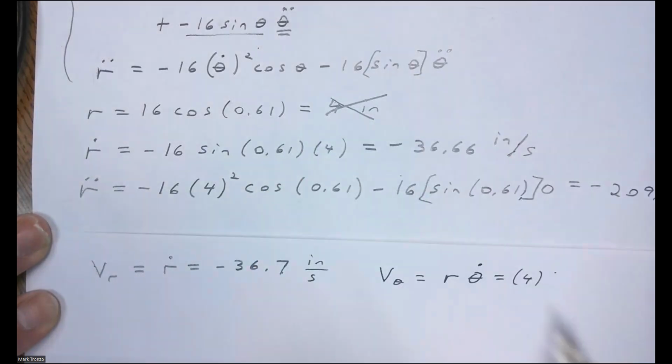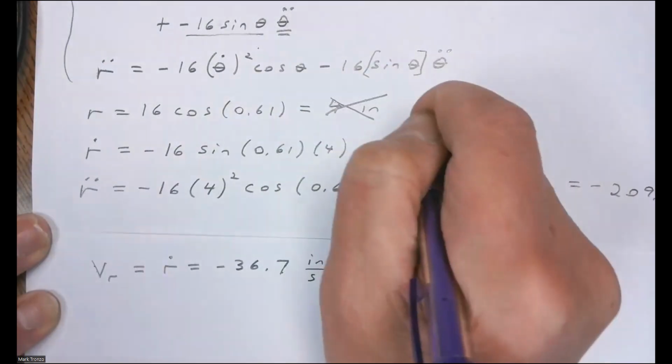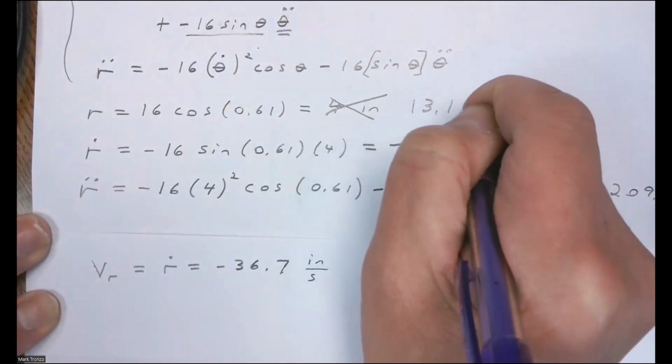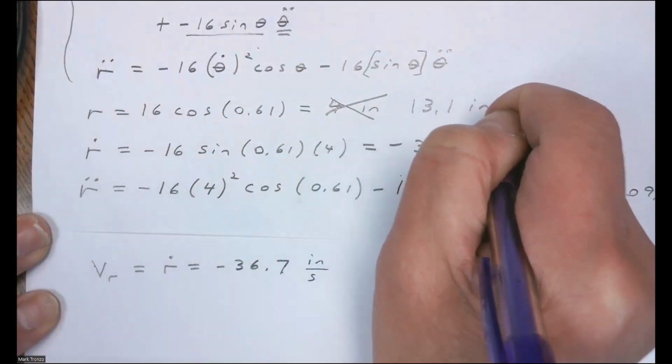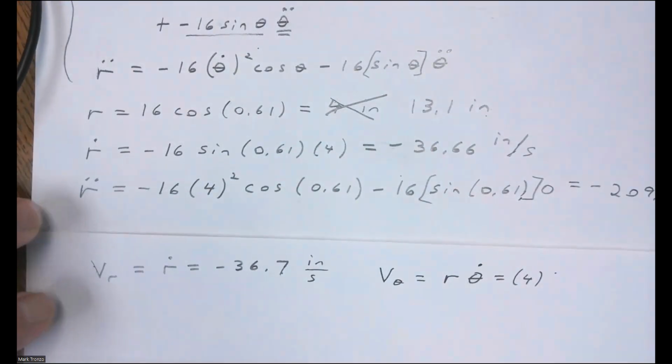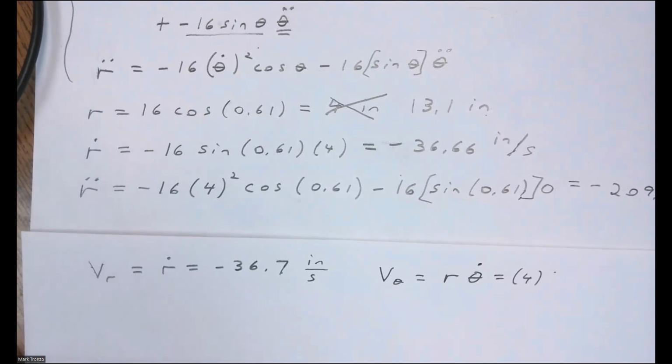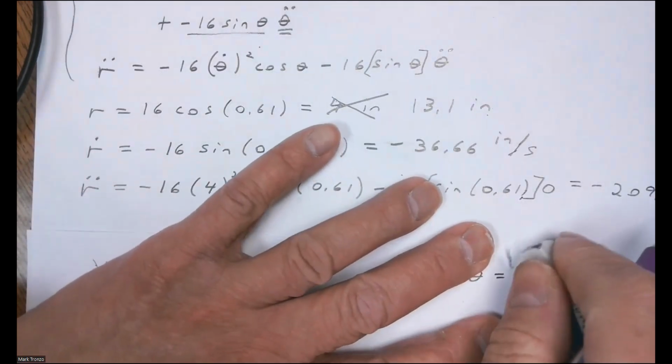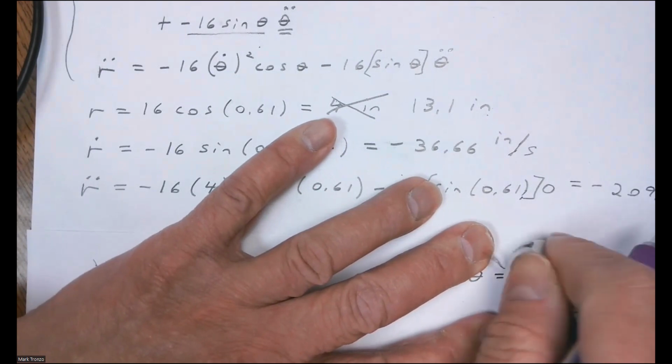This was a mistake. When you put that in your calculator, this is like 13.1 inches. Sorry about that. That should have been 13.1 inches. And so down here, this should be 13.1 inches.